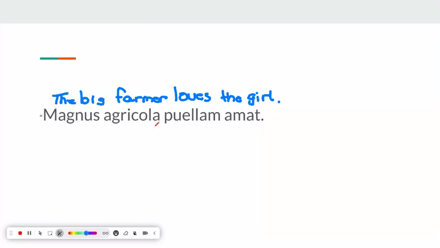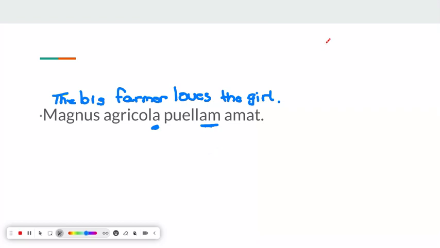Notice that the farmer in the first declension, it's the subject of the verb, the farmer loves, and farmer loves what? Loves the girl, keep that in mind.